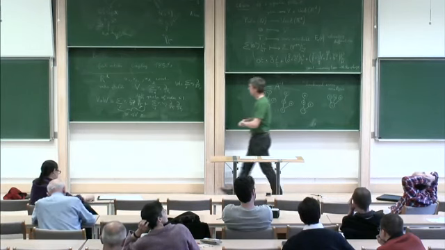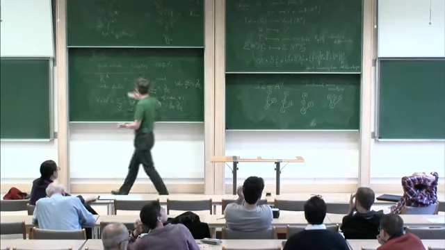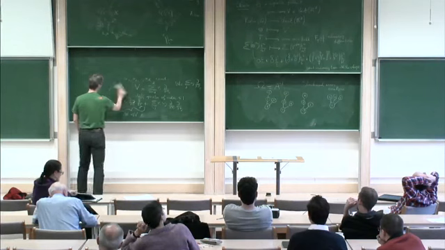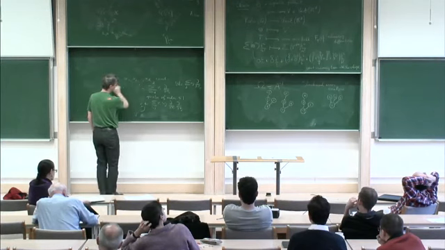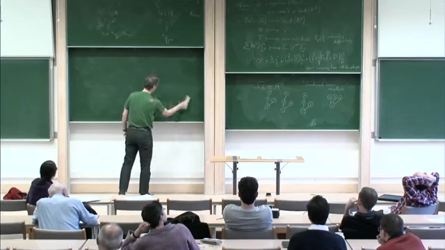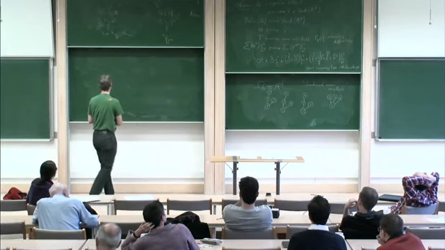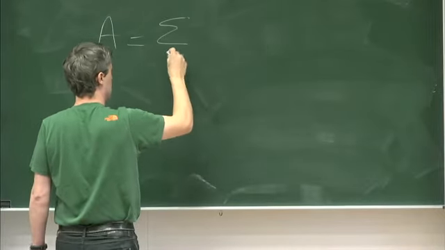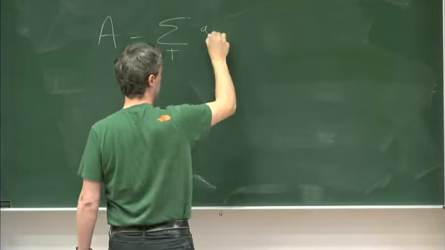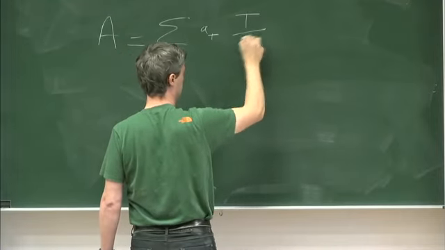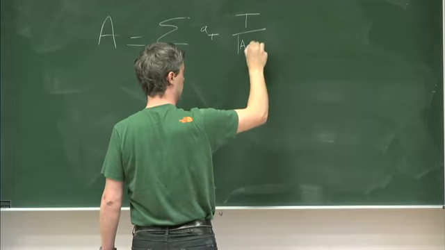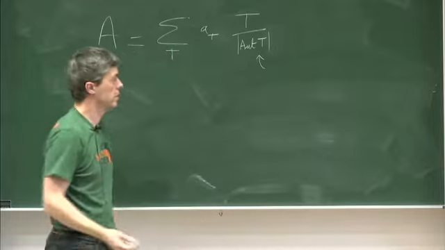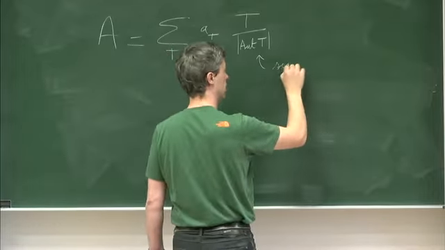Okay, but it's very convenient, in fact, to introduce this symmetry factor. So I want now to write A in another way. I want to write A as a sum over t of some coefficient a_t, but with what's called the symmetry factor.